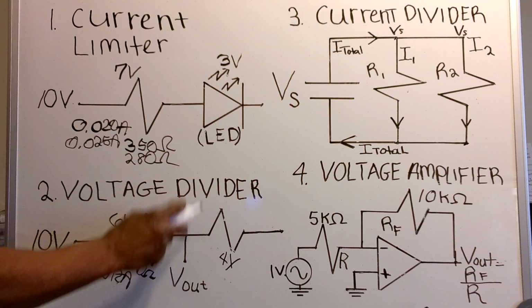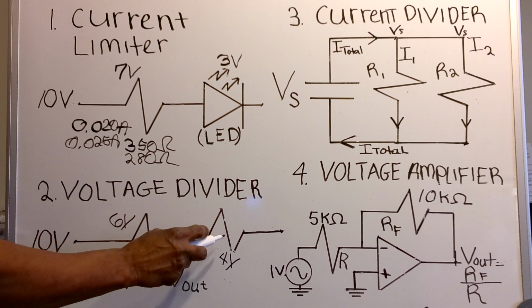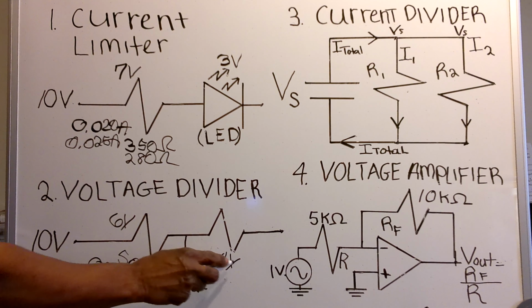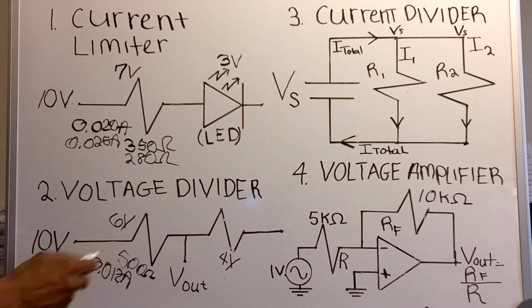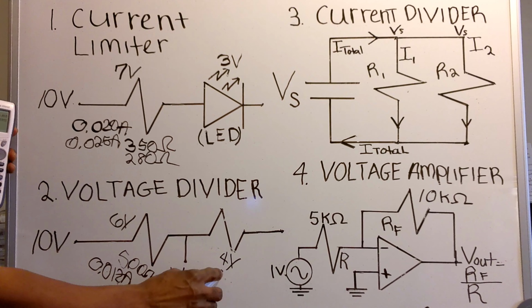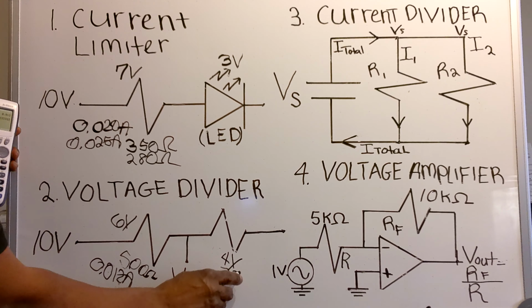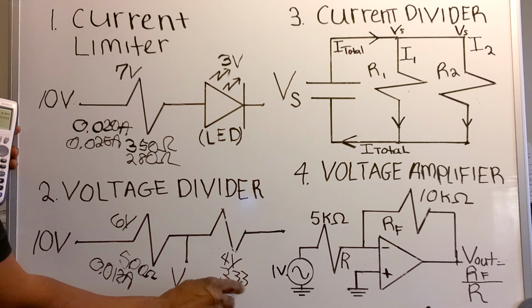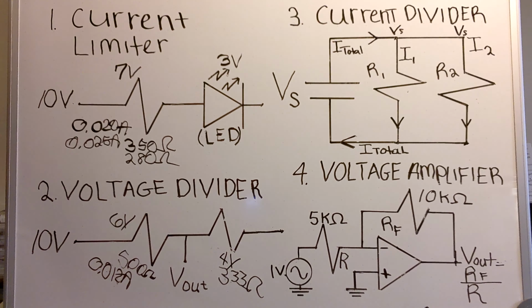Now, how do I determine what the resistor value is here? Well, I go 4 volts divided by 0.012 amps, that equals 333 ohms.